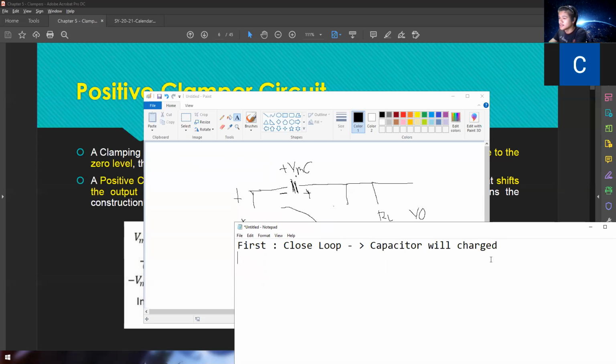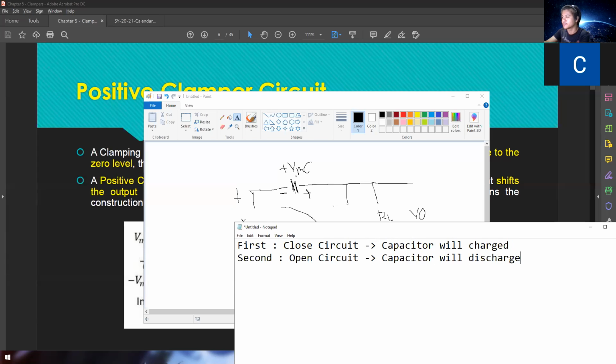Second, once the capacitor is charged, you must now have an open circuit, closed loop, closed circuit, and then open circuit right here. Now the capacitor will discharge.